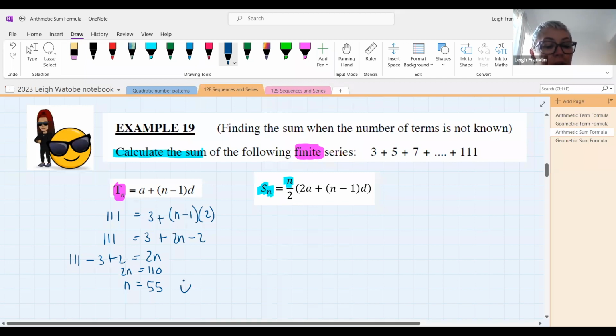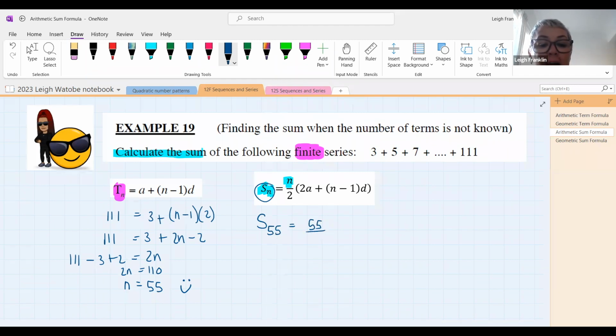So now we can go and calculate Sn. We are calculating the sum to 55 terms. So we're going to sub in our 55: 2 times a, which is 3, plus n minus 1, so 55 minus 1, times our difference, which was 2.